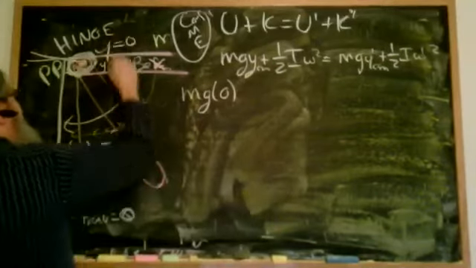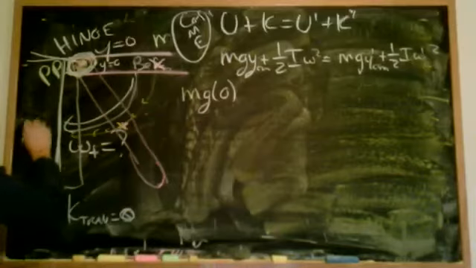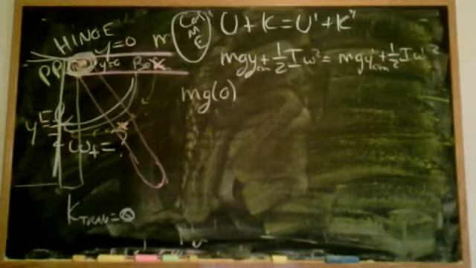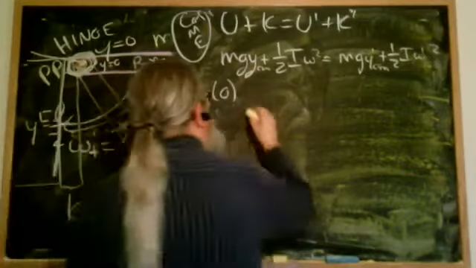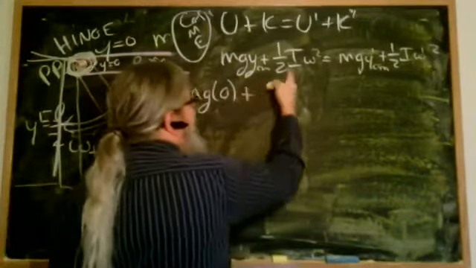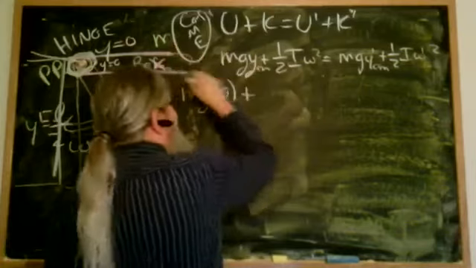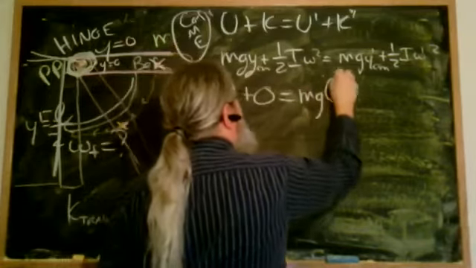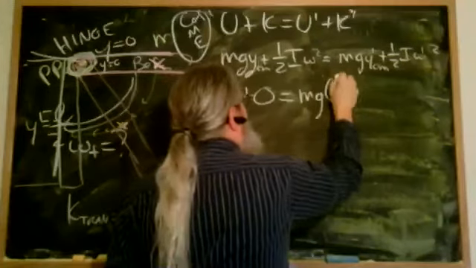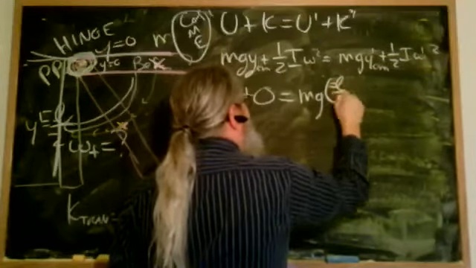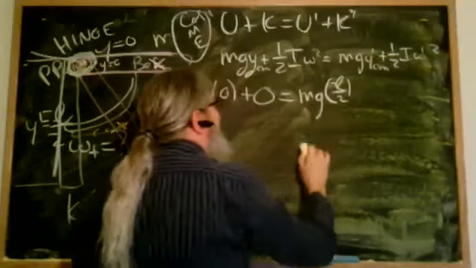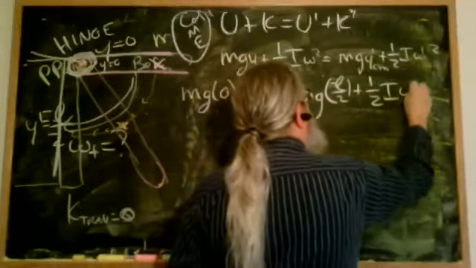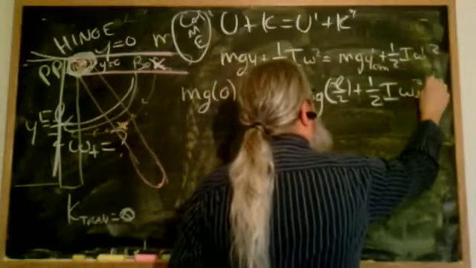And then when it swings down here, y prime is just equal to the length over 2, but it's negative because it has fallen down. So 1/2 mg0, plus the initial speed, well, if I release at rest it's 0. That's equal to mg times L over 2, with a minus sign, plus 1/2 I omega final squared.